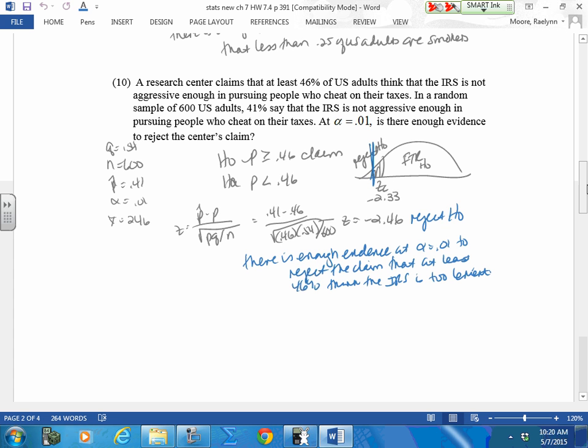Your p hat is x over n. So this is the problem. If they give you your p hat and you want your x, you're going to cross multiply. P hat times n equals x. So my p hat, 0.41, times my n will give me my x.